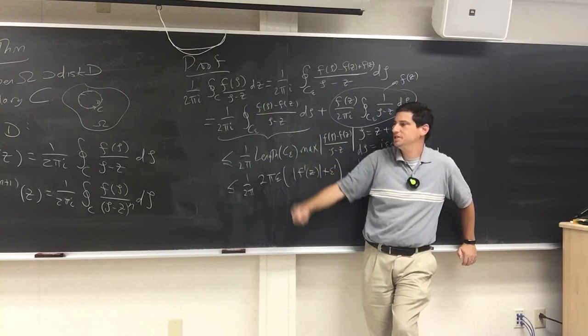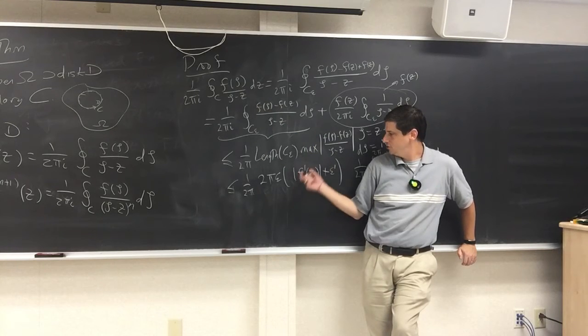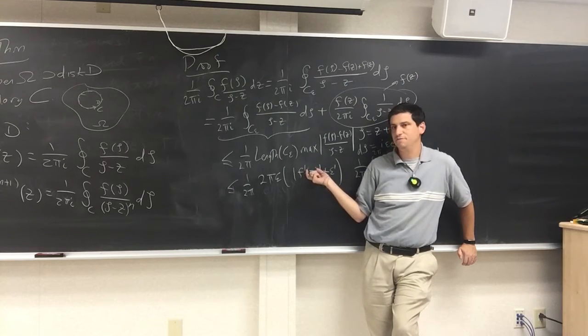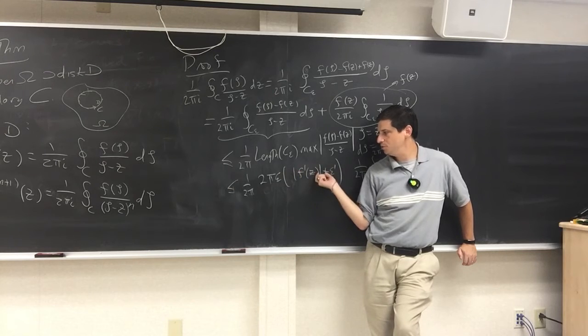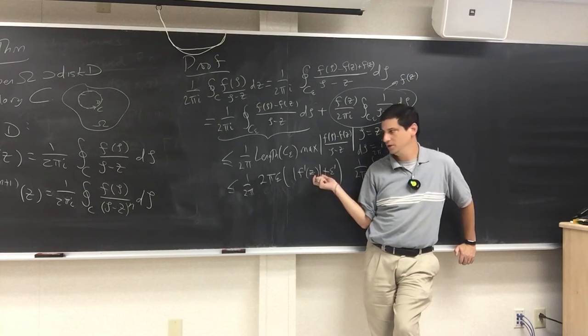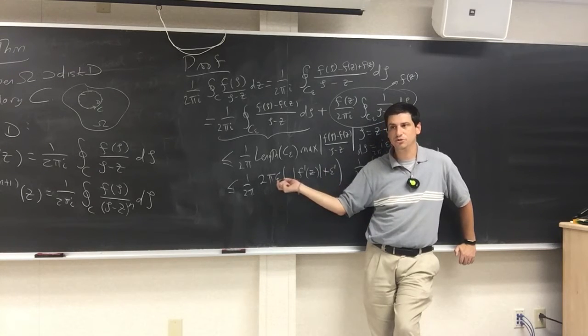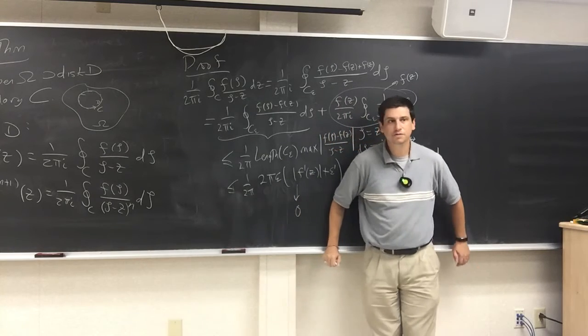I'm just saying this whole thing is less than an absolute value. And so it's got to be close to f prime of z. So you choose any tolerance you want, and if epsilon is sufficiently small, this ratio has to be within that tolerance of the absolute value of f prime of z. Well, this now is multiplied by epsilon, so this goes to 0. And that's the proof.